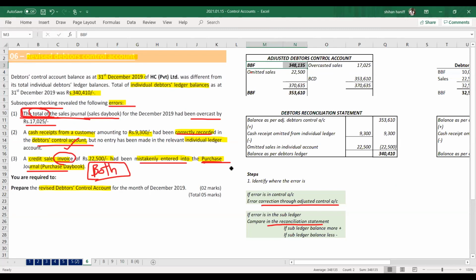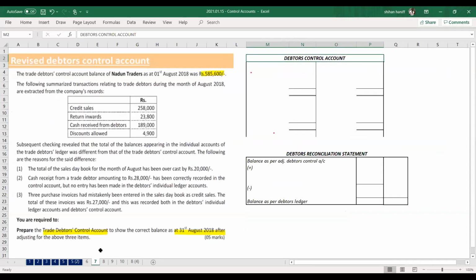Let's do another question. Question number 7. Again, the revised debtors control account.